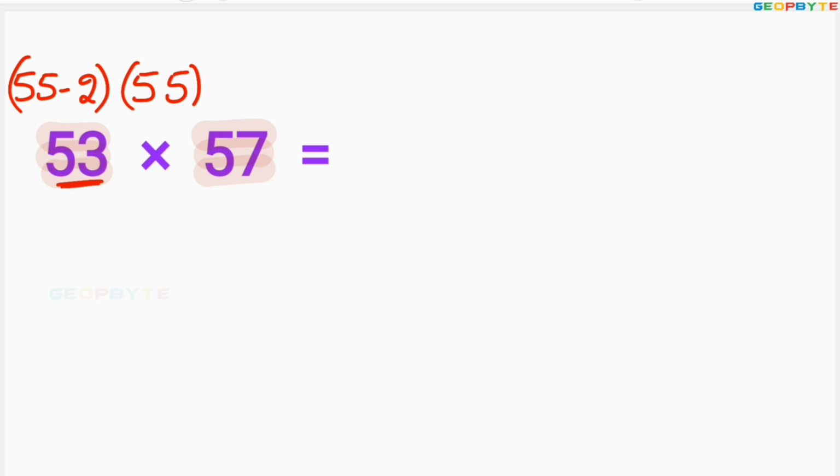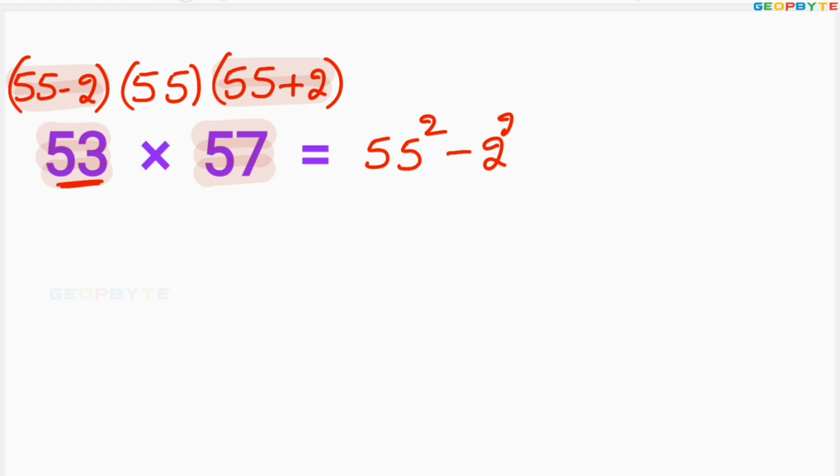Similarly, 57 I can write as 55 plus 2. Now it is in the form of (a plus b) into (a minus b) equal to a square minus b square. Here a square is 55 square, b square is 2 square.